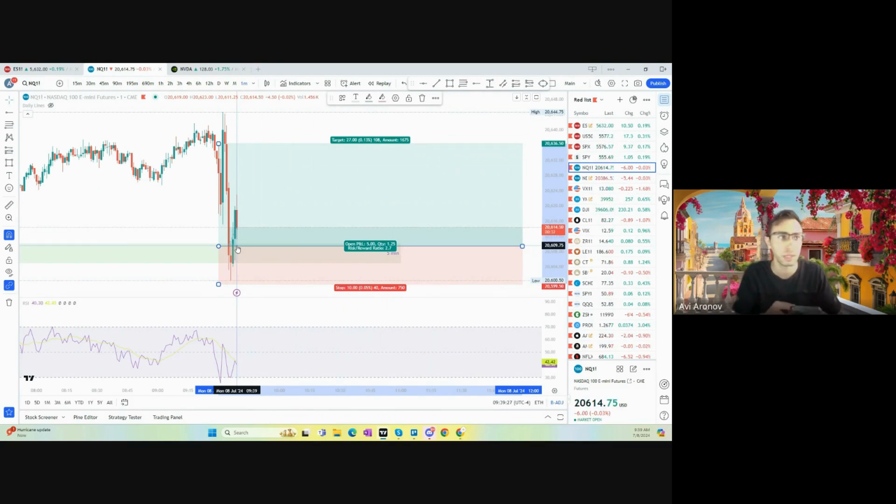But here what we are seeing is that it respected the VWAP and rejected, so it moved higher, trapped buyers, and then started to move lower again. So that's exactly what we're seeing here. But let's see what will be the continuation. So we are waiting.